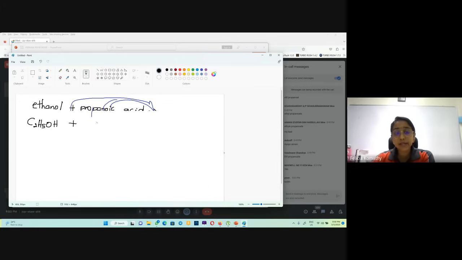C2H5OH. Propanoic acid. Ingat ya, bila nak tulis formula untuk propanoic acid, prop must be 3, tapi you kena kurangkan 1. So, dia akan menjadi C2H5COOH.